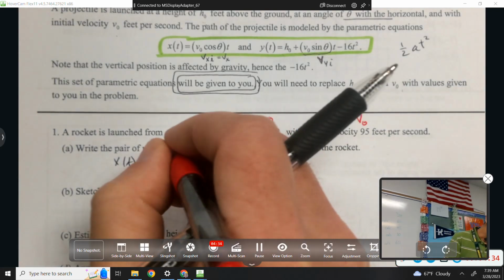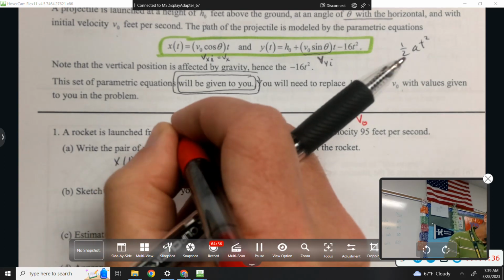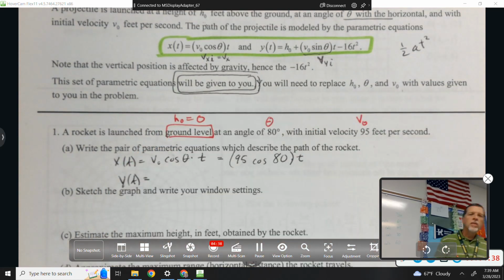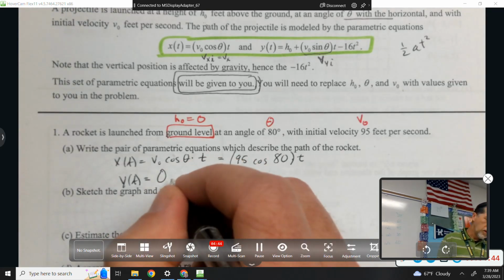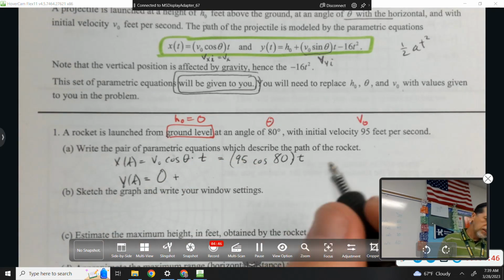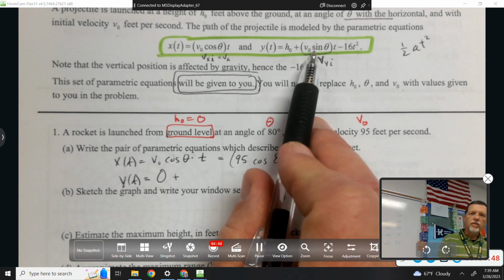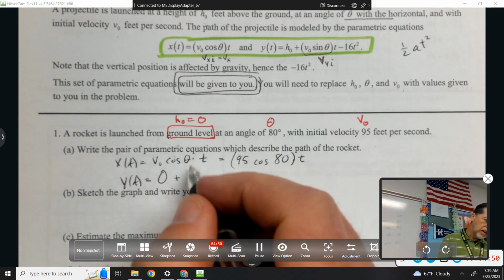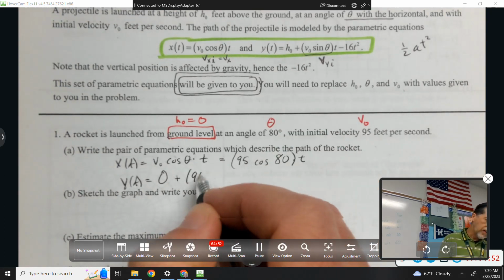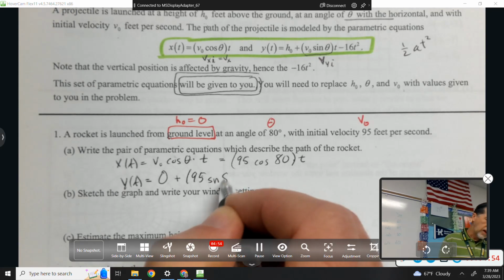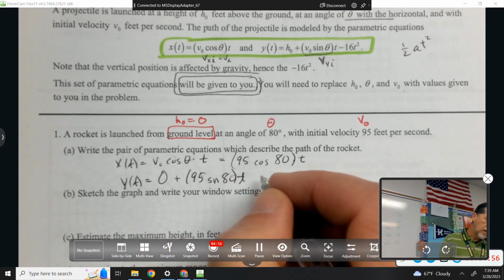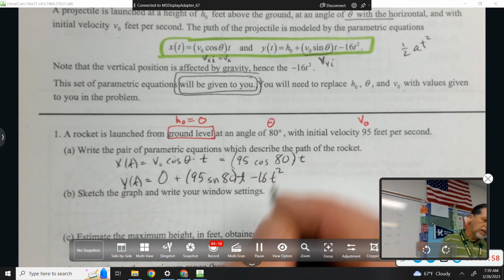Ground level. So we have to learn to interpret some of this stuff and put it in the math terms. So 0 plus v0 sine would be 95 sine of 80 times t minus 16t squared.